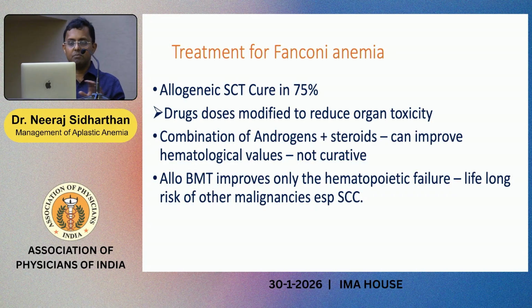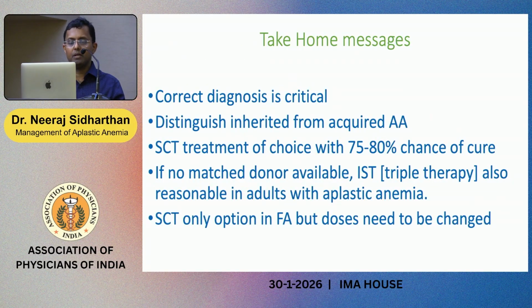So I think we now come to the conclusion, and the most important thing I would like to emphasize is that the diagnosis often goes wrong, because we find pancytopenia and we try to equate it to aplastic anemia, which we should desist from, and we often make the diagnosis from bone marrow aspirate.